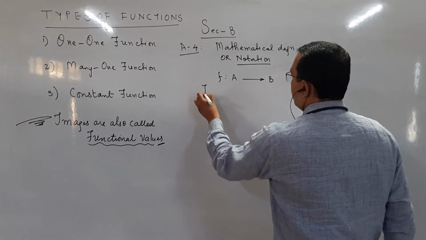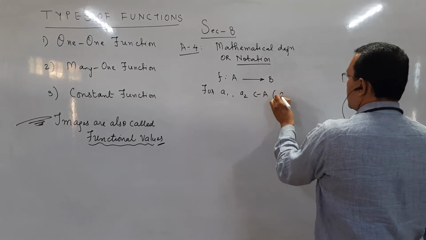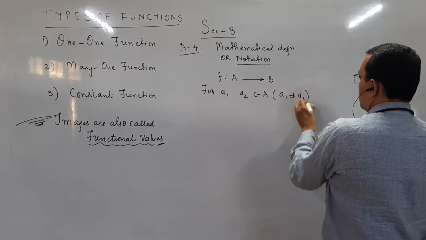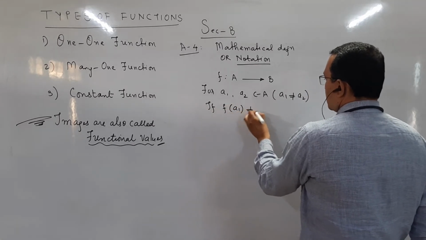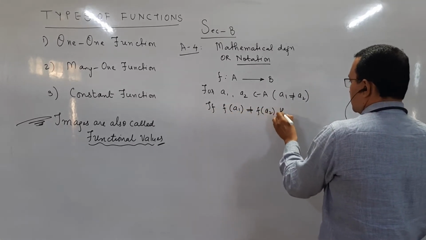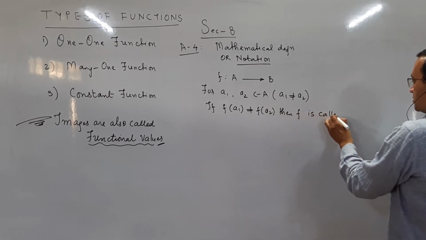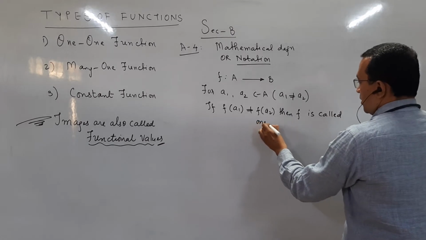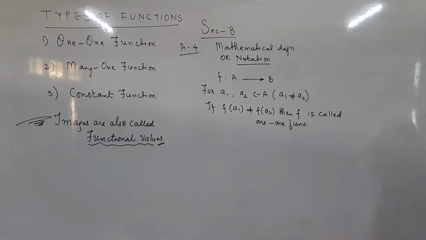So we can write: for a1, a2 belonging to A, where a1 is not equal to a2, if f(a1) is not equal to f(a2), then f is called one-one function. So this is the mathematical definition or notation form for one-one function.